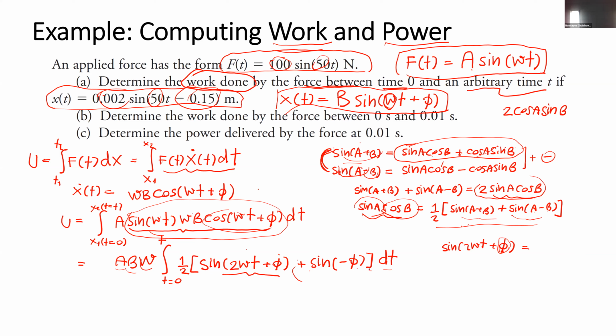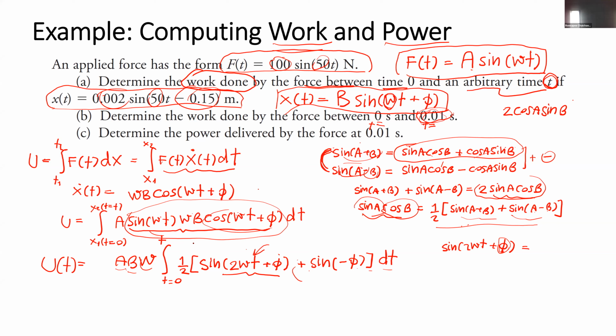And the work will be in the function of the arbitrary time t. If you want to determine the work done by this force between t equal to 0 to t equal to 0.01 second, you just substitute t by this number.